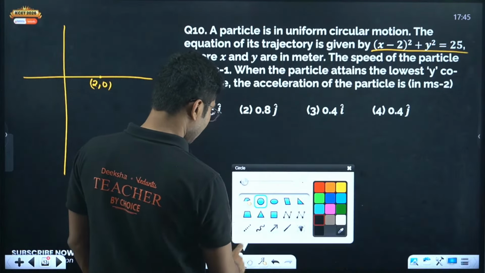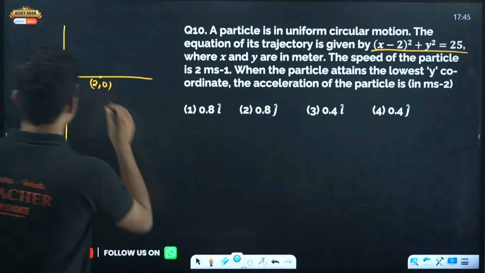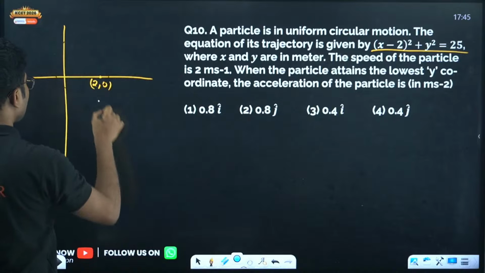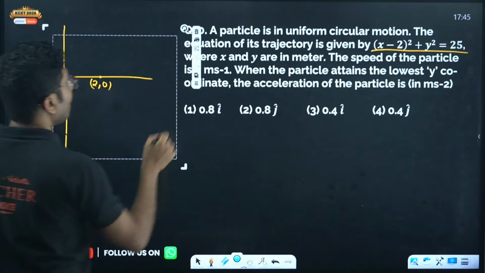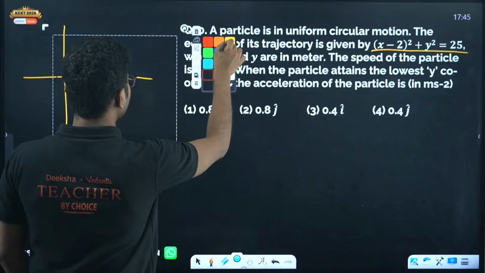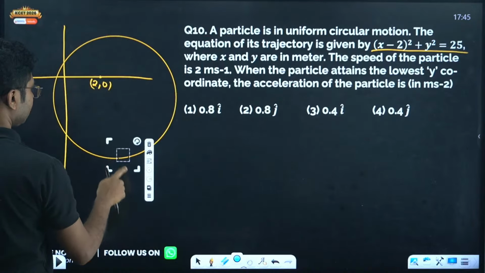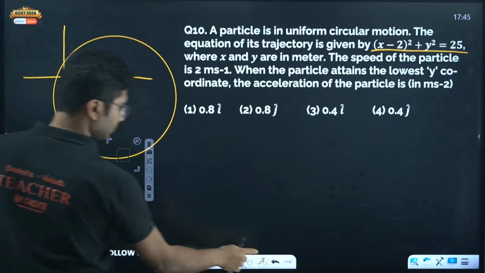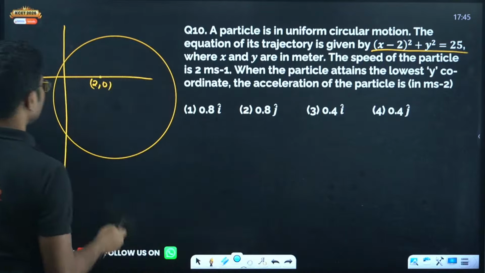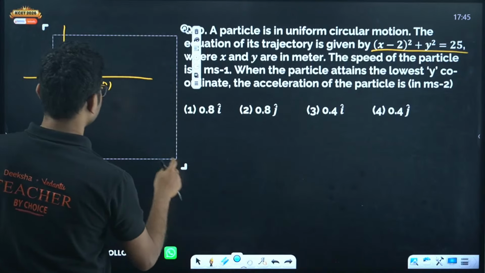Let me use a circle tool. Let me change the color.